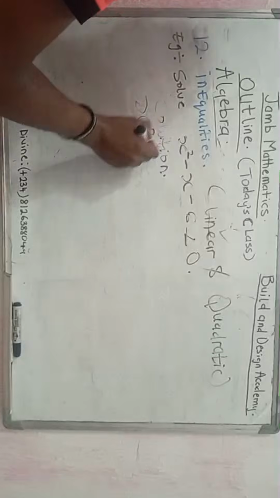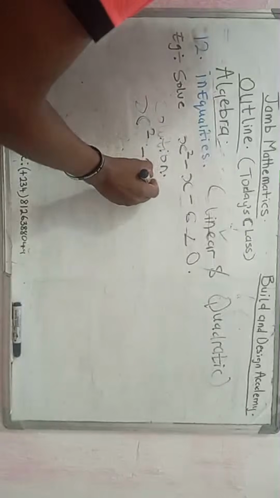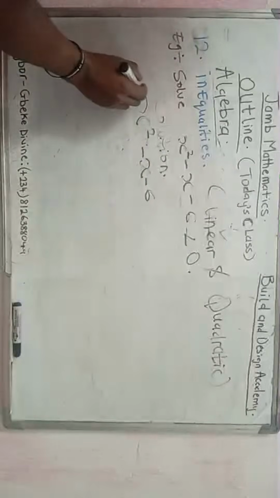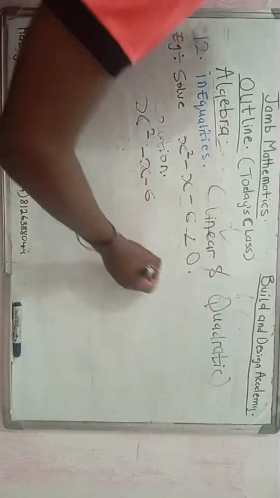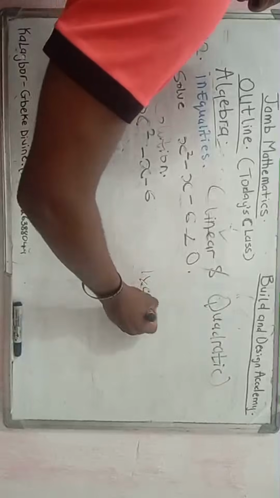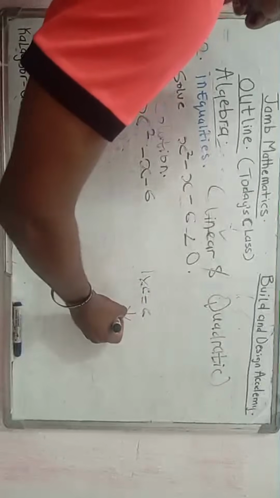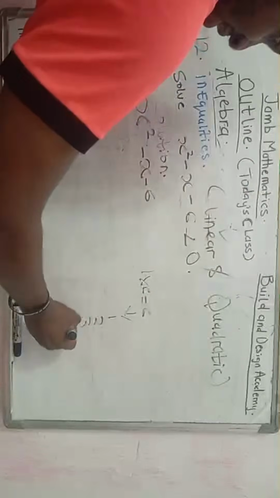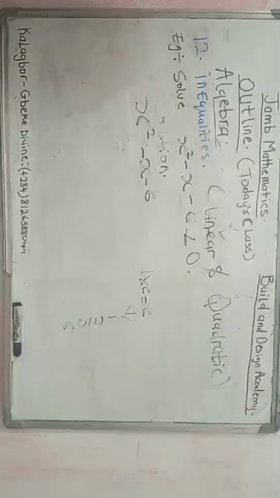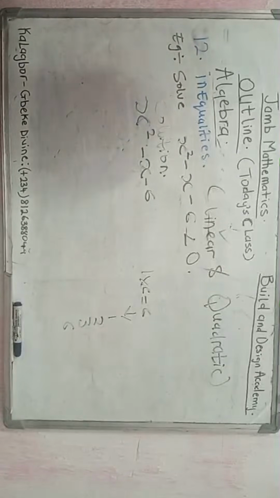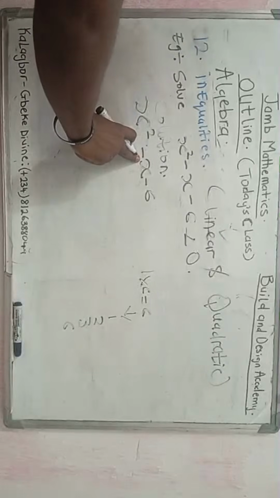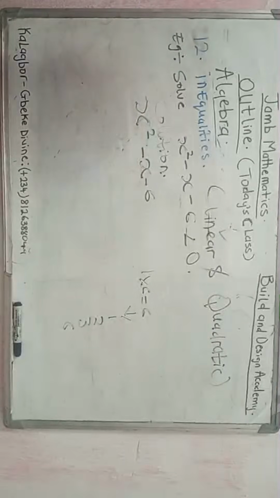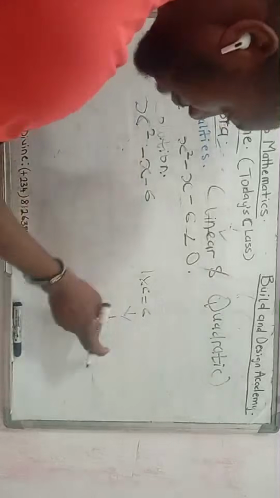X squared minus x minus 6. The coefficient of x squared here is 1 and our constant is 6. So 1 times 6 will give us 6. Now take the factors of 6 as 1, 2, 3, and 6. We need two numbers that when we add them, we get minus 1, which is the coefficient of the middle term. Now, if we do 1 plus 2, we cannot get it.